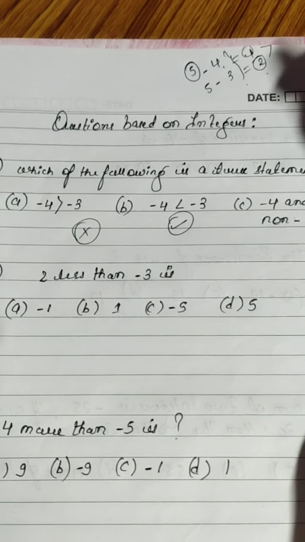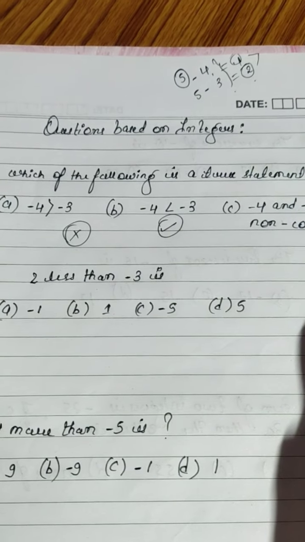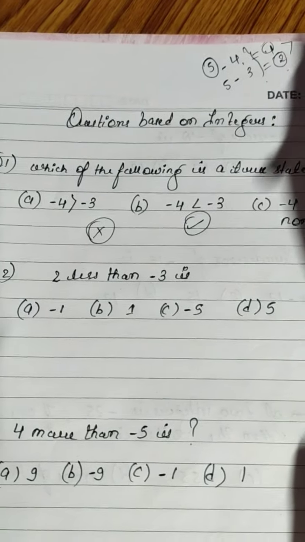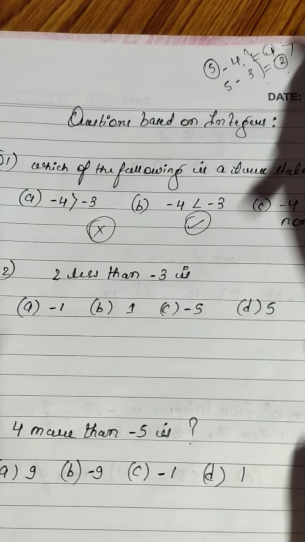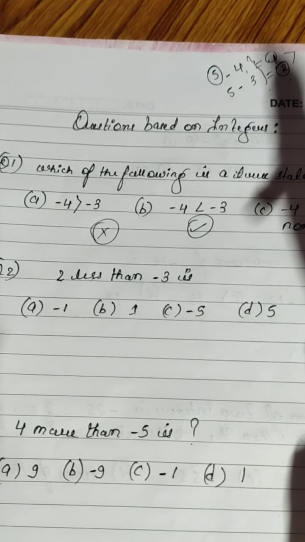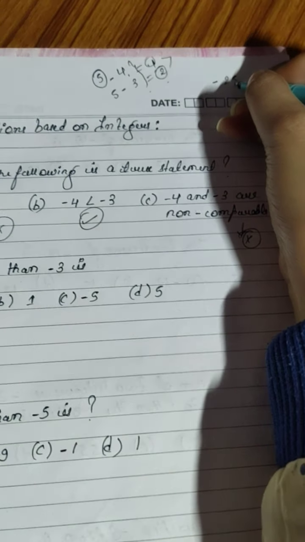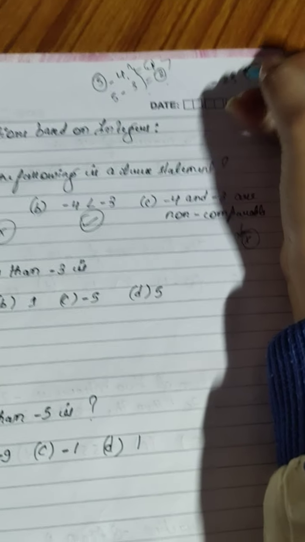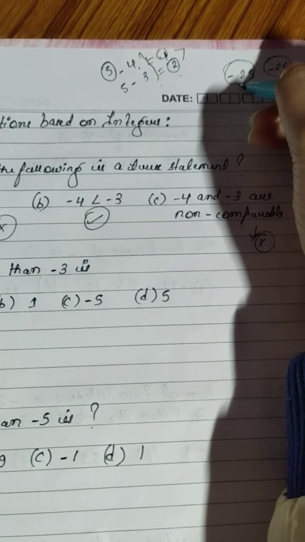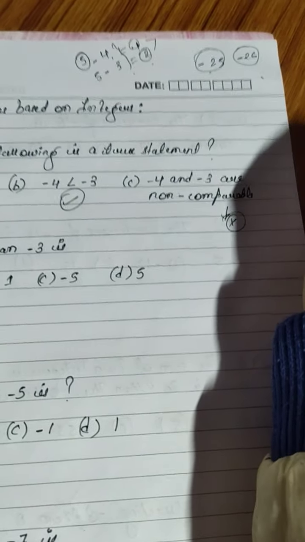But every time we can't take an example and solve like this, so we have to fix it in our mind: the larger quantity bearing the negative sign, that integer would be the smaller. Let's say I'm taking one example here, -25 and -26. Which one is smaller and which one is greater? -25 is the greater number and -26 is the smaller number.